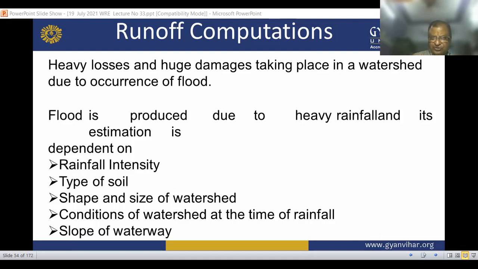Flood is produced due to heavy rainfall, and the estimation depends on the rainfall intensity, type of soil, shape and size of watershed, and the condition of the watershed at the time of rainfall, and slope of the watershed.